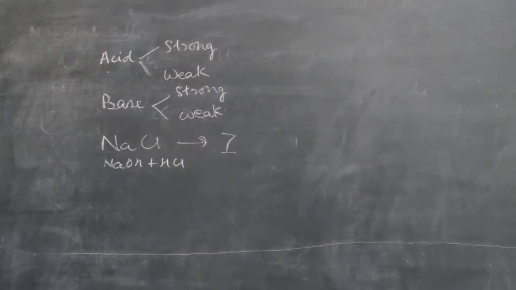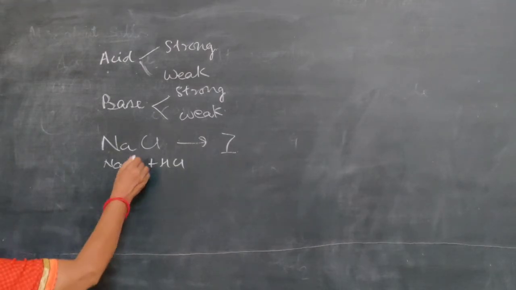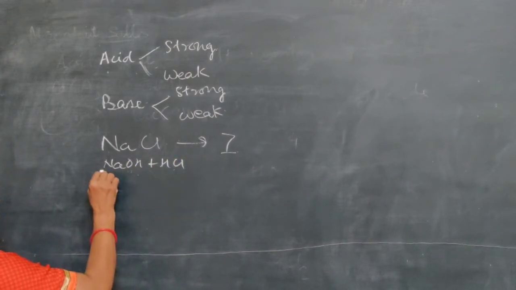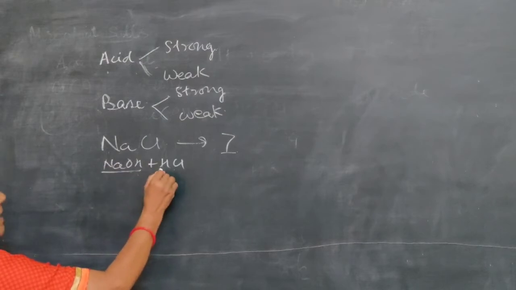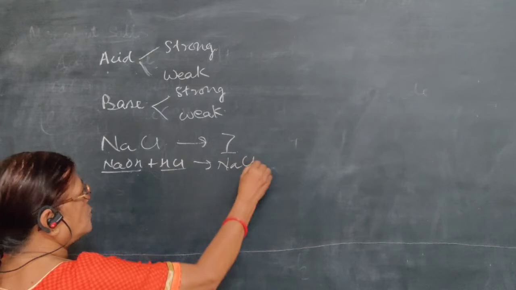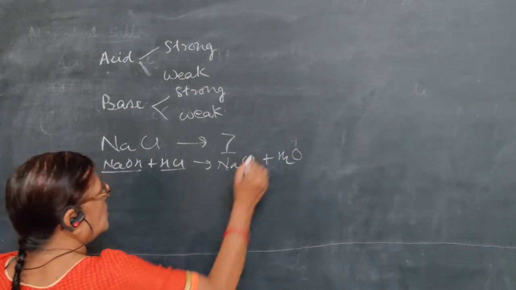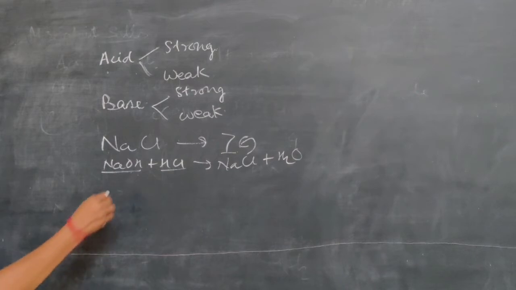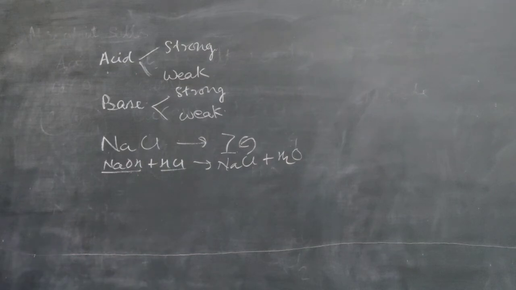Take the example of sodium chloride, pH 7, that is sodium hydroxide plus HCl. Sodium hydroxide is a strong base and HCl is a strong acid, and they form sodium chloride plus H2O. This sodium chloride shows a pH of 7 on the basis of ionization, because they are a strong acid and a strong base, they completely neutralize each other, and that's why the pH will be 7.